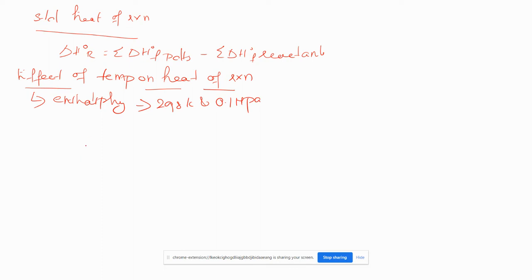So the reactants and products should all be at 298 Kelvin and 0.1 MPa.